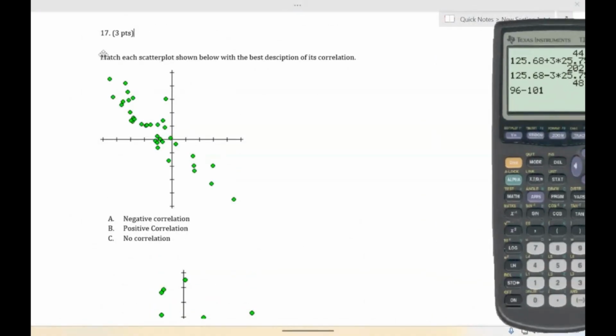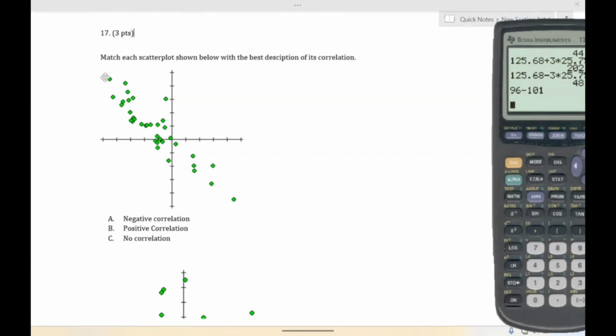Next, we're asked about correlation, and we're asked to match each of the scatter plots shown with the best description of correlation. Now, as you read graphs, and this is any graph, scatter plots, any graph, we read them from left to right as we read sentences from left to right.